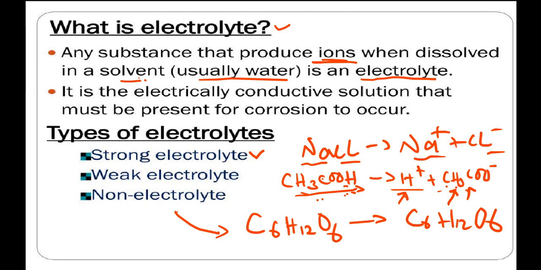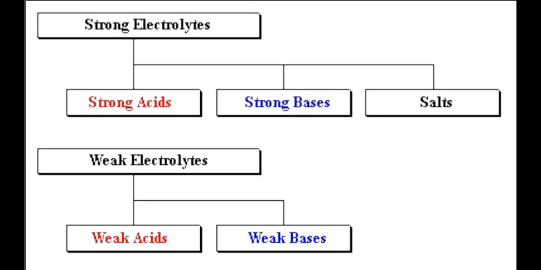Okay, and then moving on, we can now talk about the types. Strong electrolytes are usually from strong acids, like hydrochloric acid and sulfuric acid. From these types of acids we get strong electrolytes, and from strong bases like sodium hydroxide.